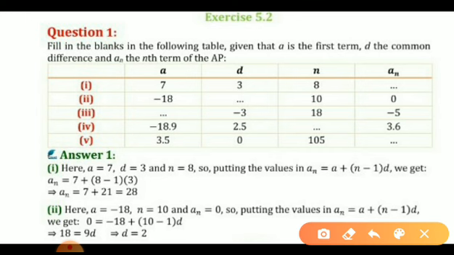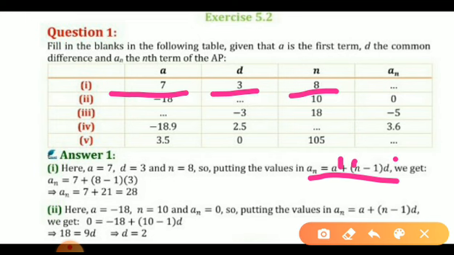Here in the first, the value of a is given, the value of d is given, and the value of n is given. We just have to find the value of a_n. Using the direct formula a_n = a + (n - 1)d, substitute the values of a, n and d and you will get the value of a_n. Is that clear?